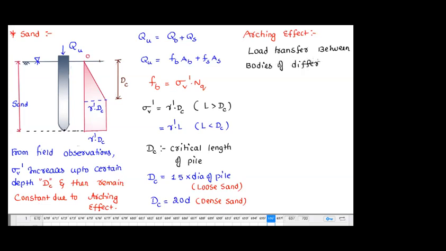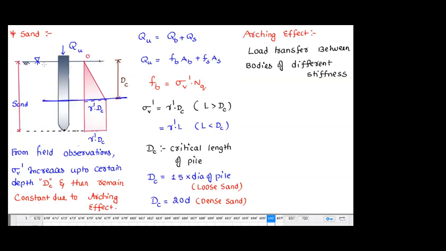So then why does this arching effect come into existence over here, sir? Because you see, up to this DC, this is nothing but a pile and this is nothing but soil. Yes, the pile and the soil have different stiffness up to the DC.